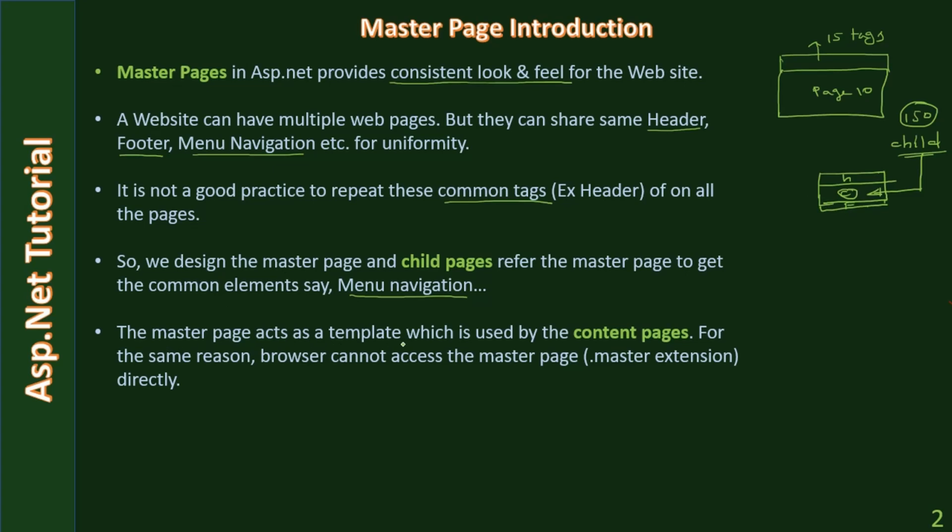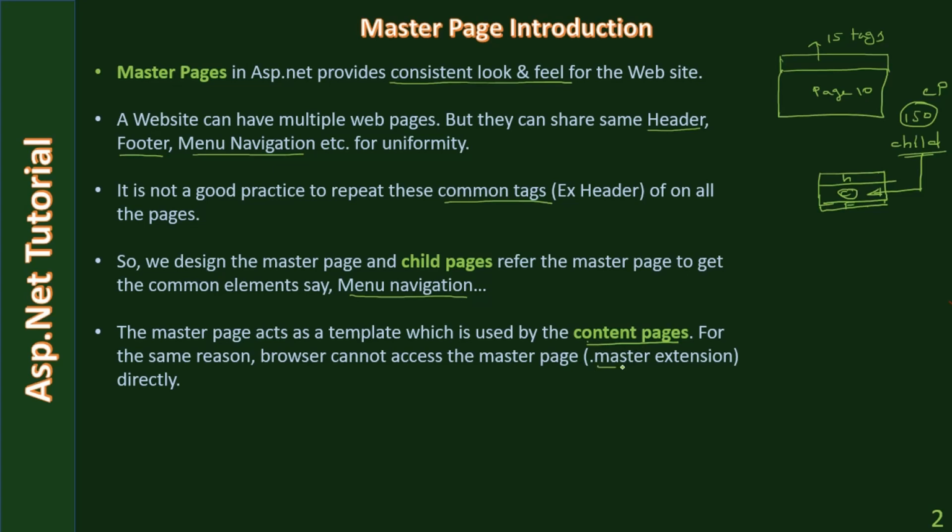The master page acts as a template which is used by content pages. So here these 150 pages are considered content pages, or some people will call them child pages. The master page acts as a template which is used by the content pages. For the same reason, the browser cannot access the master page directly.